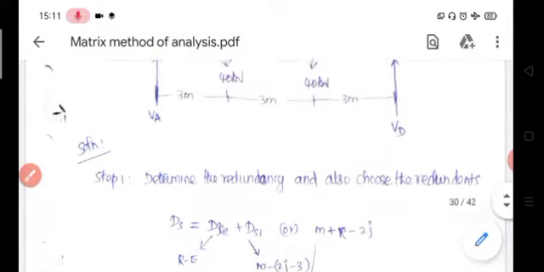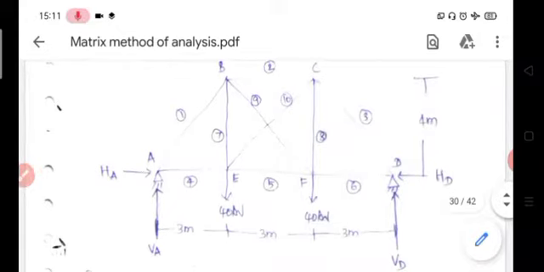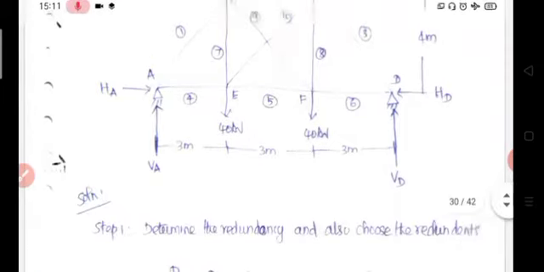First, let us see how many reactions are developed in this truss structure. It has only two supports. Both the supports have two reactions, one vertical reaction and another one horizontal reaction. So totally 4 unknown reactions. Number of unknown reactions R is equal to 4: HA, VA, VD and HD.